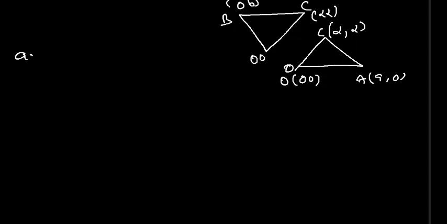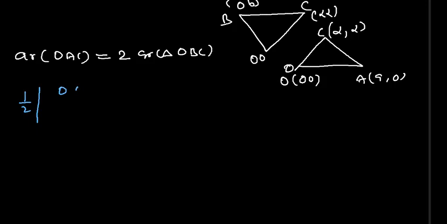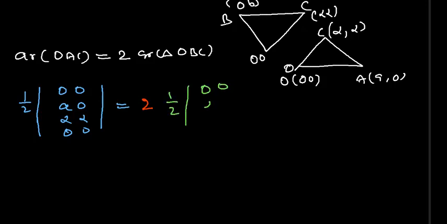What is given? The area of triangle OAC equals 2 times the area of triangle OBC. So half into the area of the triangle with vertices (0, 0), (a, 0), (alpha, alpha) should be equal to 2 times half into the area of the triangle with vertices (0, 0), (alpha, alpha), (0, b).